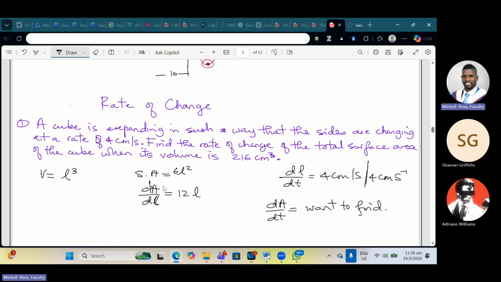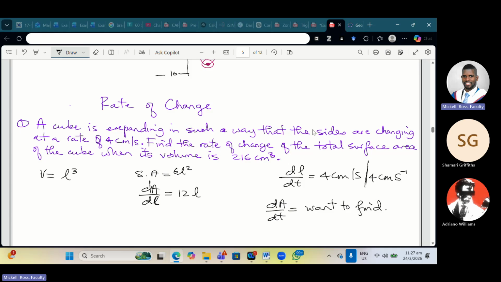And what we also need to do, we know how the length is changing with respect to time, all right? So what is it that we know? We know the area is changing with respect to the length, and we were given how the length is changing with respect to time.